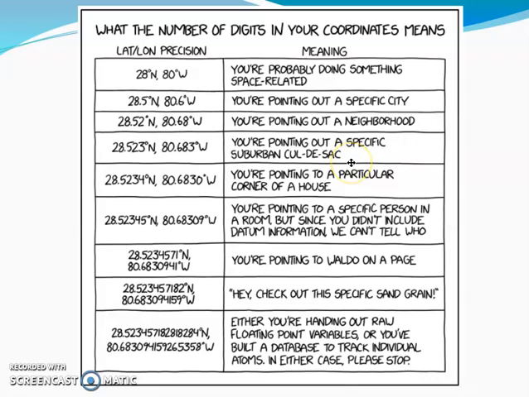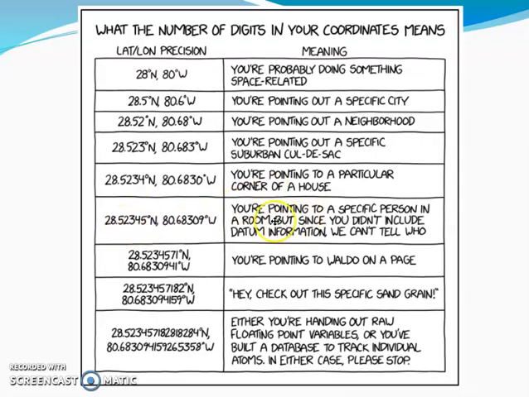So you live on this street in this cul-de-sac. When you go 4 places past the decimal, you're pointing to a particular corner of a house. So not just a house, but the corner of your house.